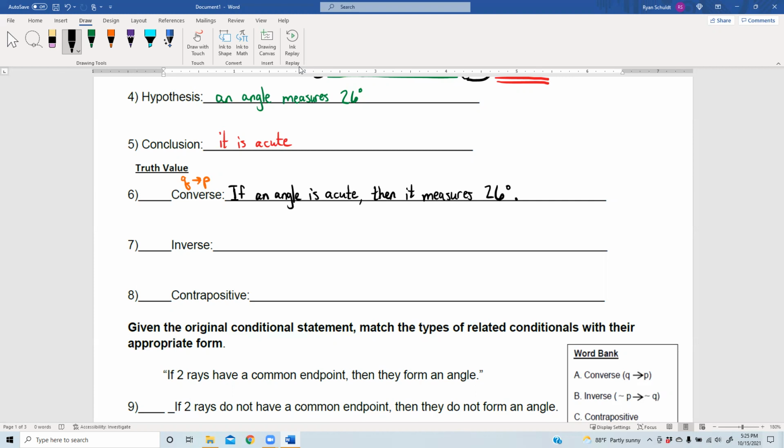Then we have to ask ourselves, we need to get a truth value now. Is that true or false? If an angle is acute, then it has to be 26 degrees. That is definitely false. No question about it.